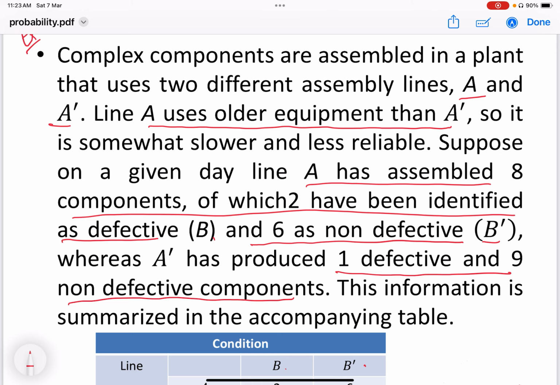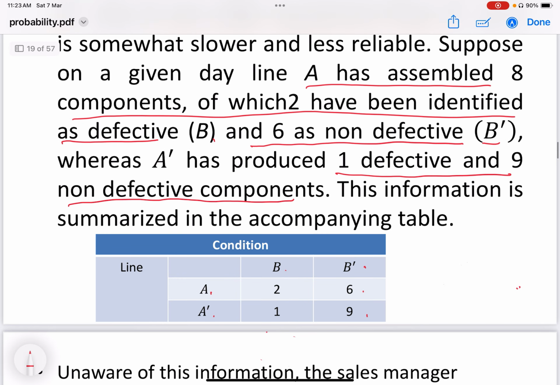Suppose on a given day, line A has assembled 8 components, of which 2 have been identified as defective and 6 as non-defective, whereas A dash has produced 1 defective and 9 non-defective. So we write all this data in one table: line A, 2 defective, 6 non-defective; line A dash, 1 defective and 9 non-defective.